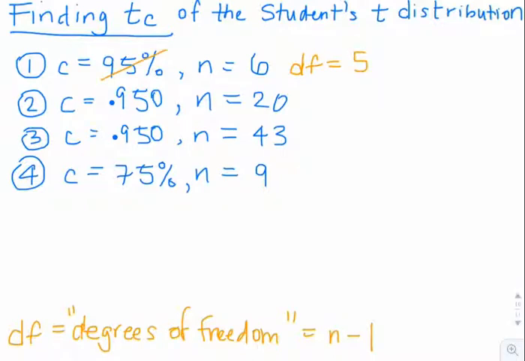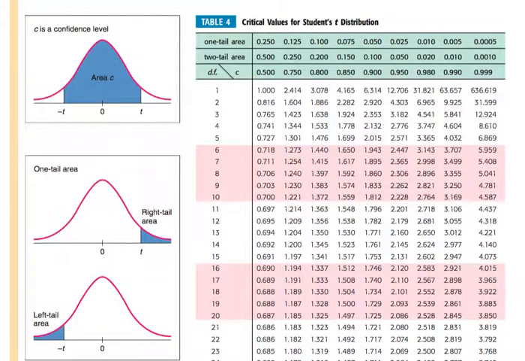And let's write 95% as a decimal, 0.950. Let's go back to our table. We're looking at the row that has DF is 5, this last white row here.